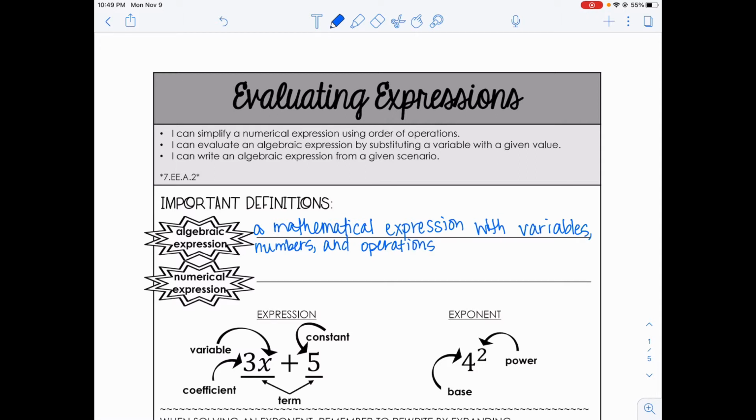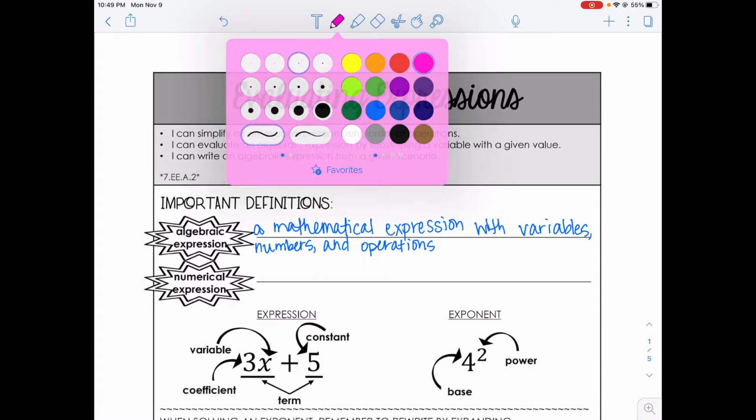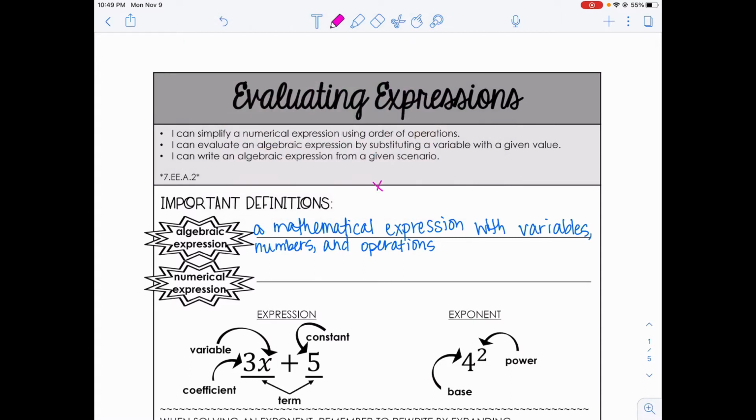So, an example of an algebraic expression might be something like this: x divided by 3 plus 2y minus 6.